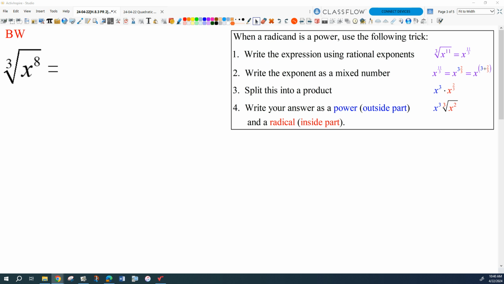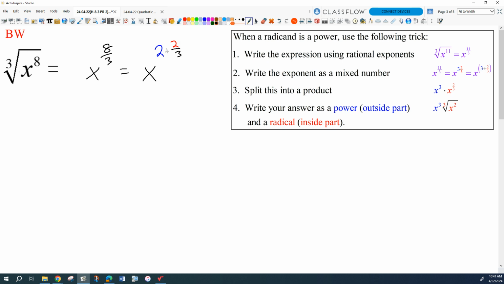So real quick, we would start off. We would write this as a mixed number, right? So x to the 8/3 is the same as what? X to the 2 and 2/3, and there's an invisible plus sign there, right?